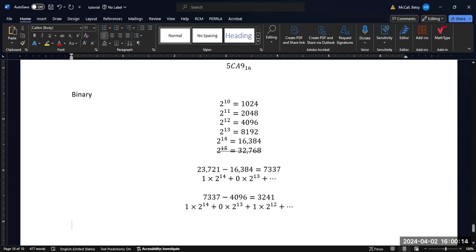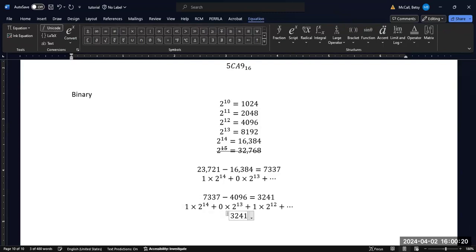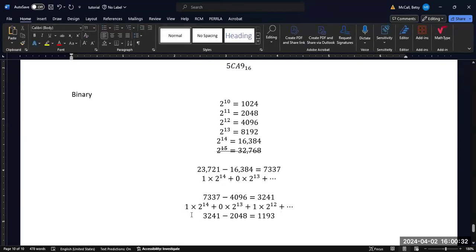Now, 3,241 is larger than 2,048. So 3,241 minus 2,048 is going to give me 1,193. So that's going to give me another 1.